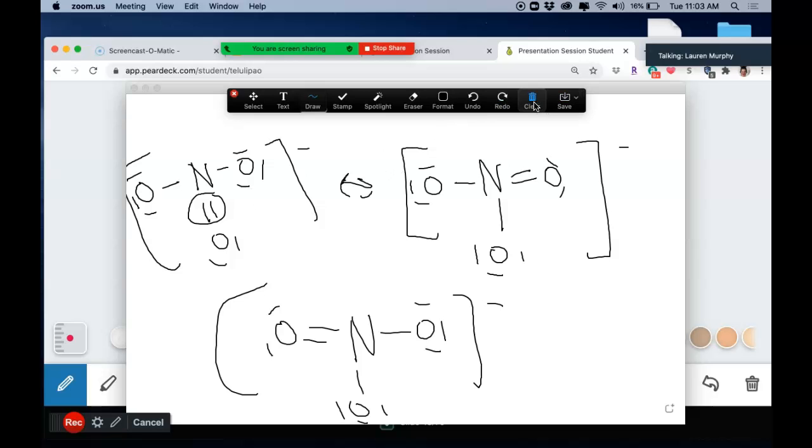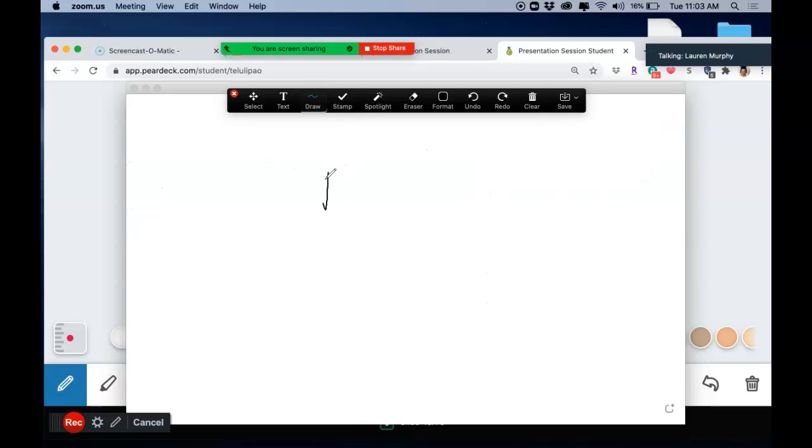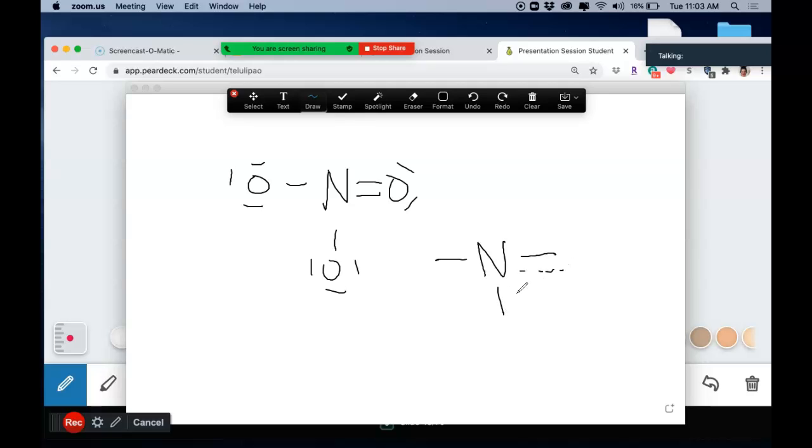What they've noticed, I'm going to clear this now, is that extra bond, that double bond, those extra electrons in the multiple bond are shared evenly throughout the ion, meaning all of these bond lengths are 1.33, 1.33, 1.33.